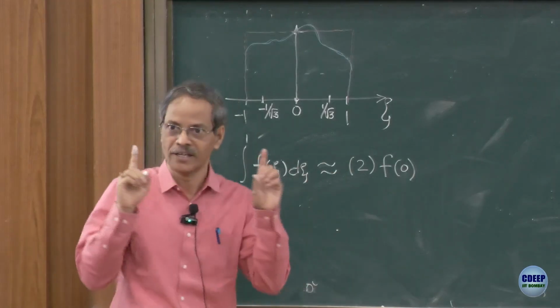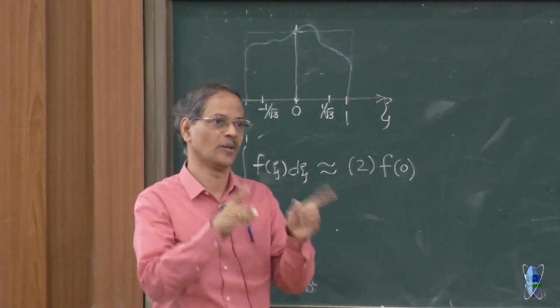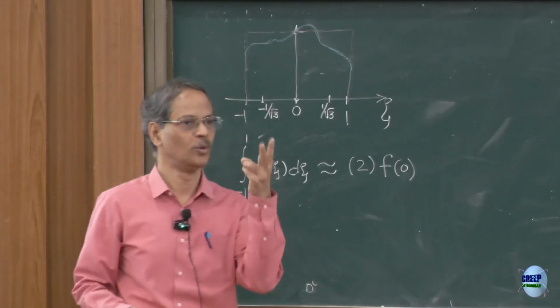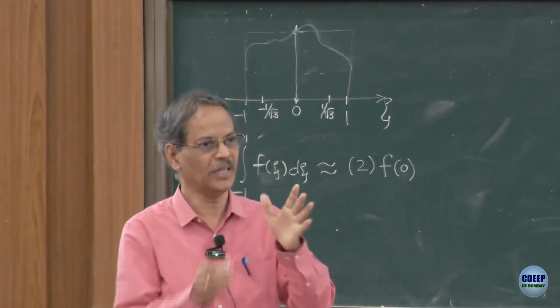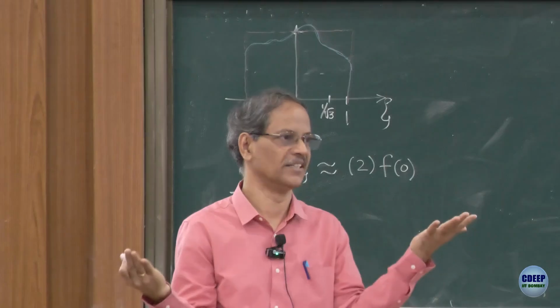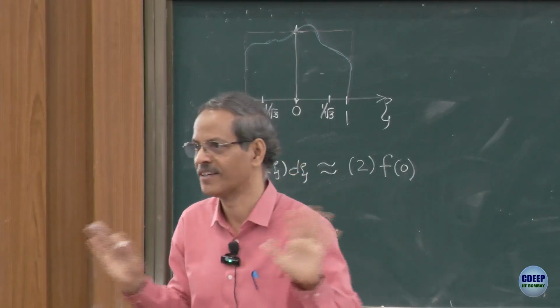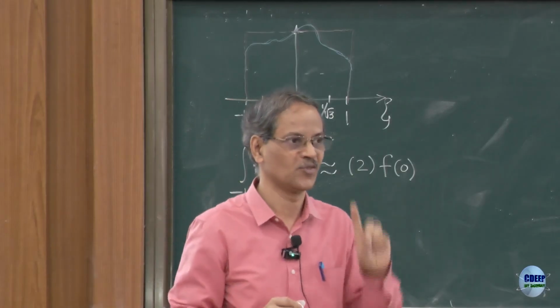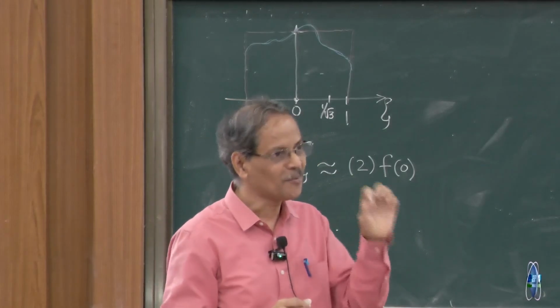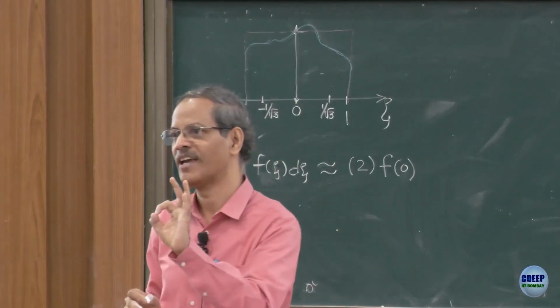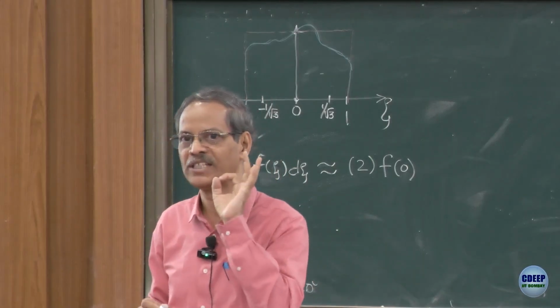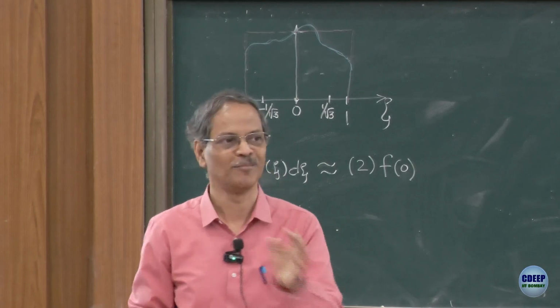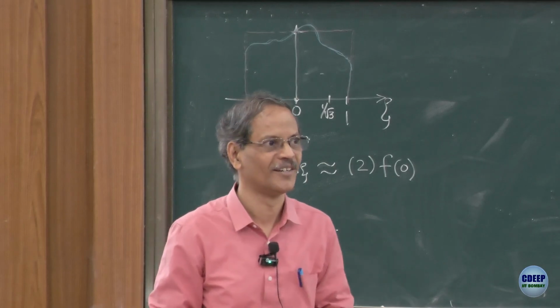If it is the usual rectangular rule or trapezoidal rule, 2 points means you would have taken it to be 2 equal divisions. That is not what he is doing. He found the answer to be 1 by root 3 and minus 1 by root 3. At that point, what is the value of f? You sample the function f of zeta at that point and multiply with what weight?